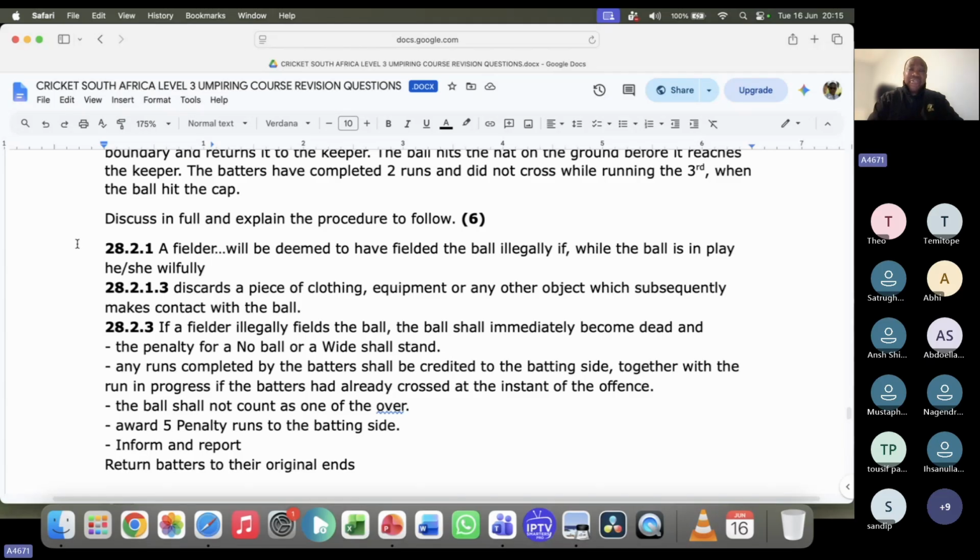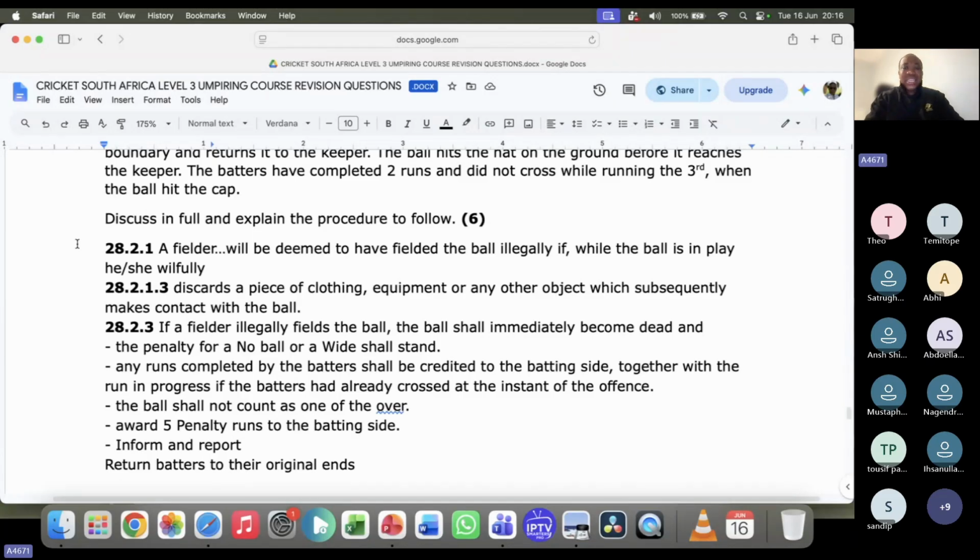Remember, if the cap flew off accidentally and then the throw hit the cap, that would not be deemed illegal fielding. But because in this scenario the fielder deliberately threw the cap off and the throw hit the cap that had been thrown off, it is considered illegal fielding.